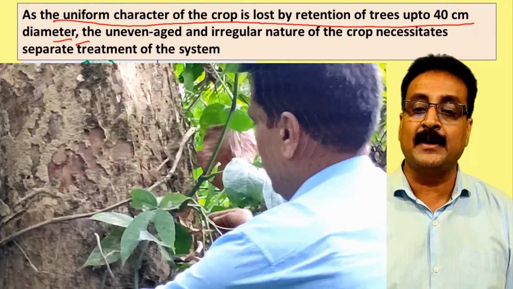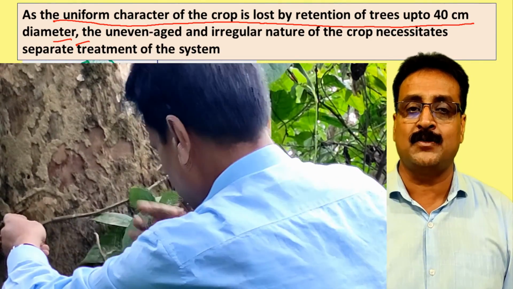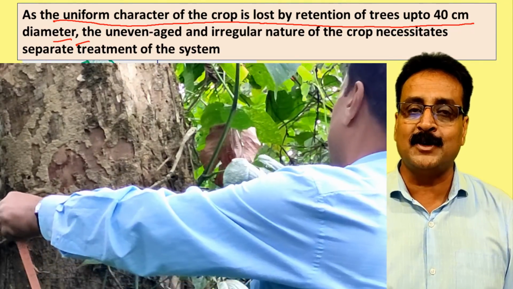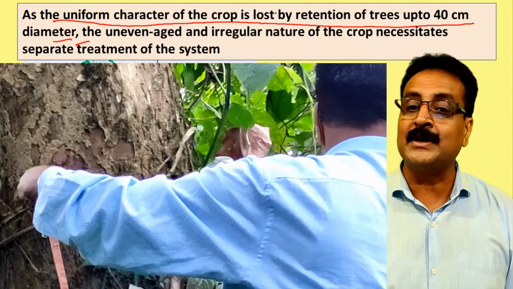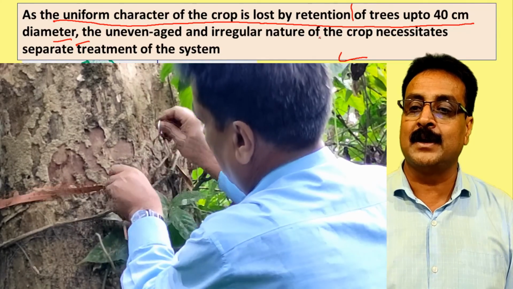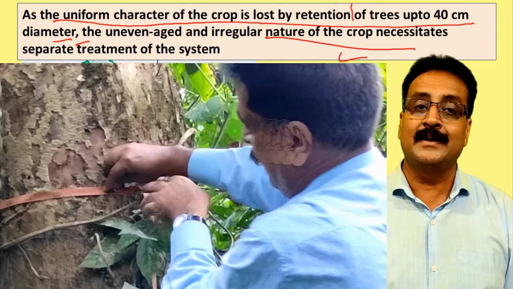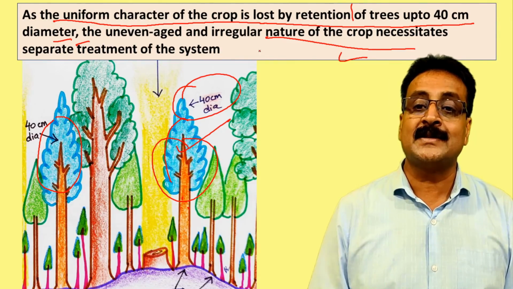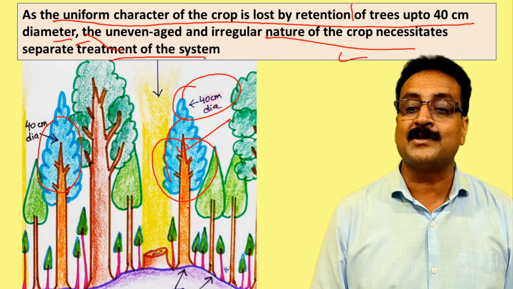So how is it a uniform system? It follows some of the uniform system, but by retaining this 40 centimeter diameter, the crop becomes irregular. The crop becomes irregular in nature, and because of this, it necessitates separate treatment for this system.